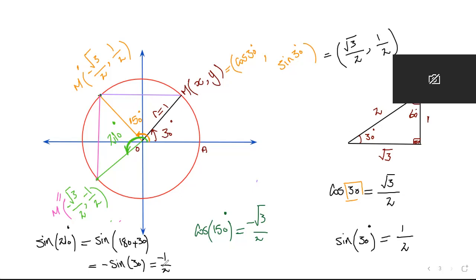Make sense, everyone? Now, look at this. Let me pick a different kind of color. Let me choose this. Now, I'm going to do the same thing, a parallel line with respect to the x-axis.